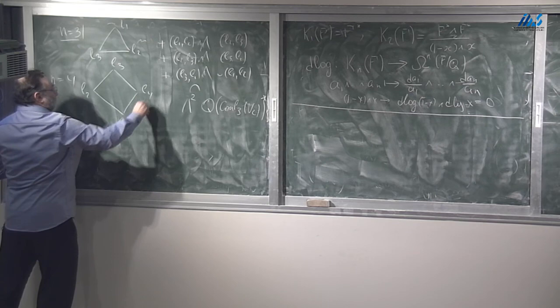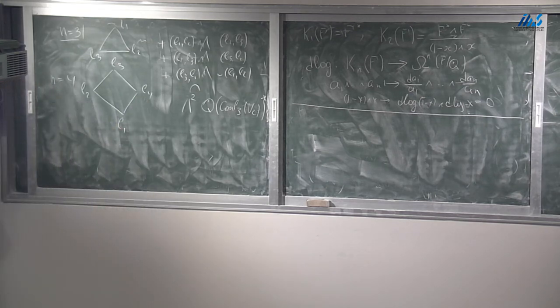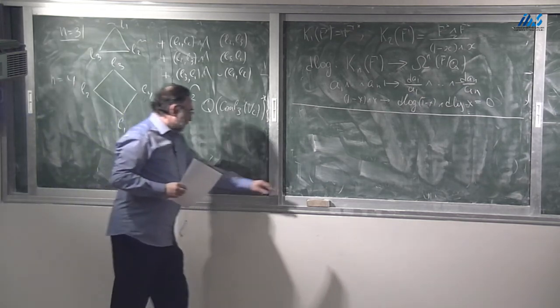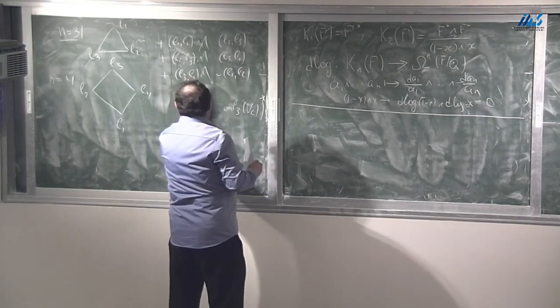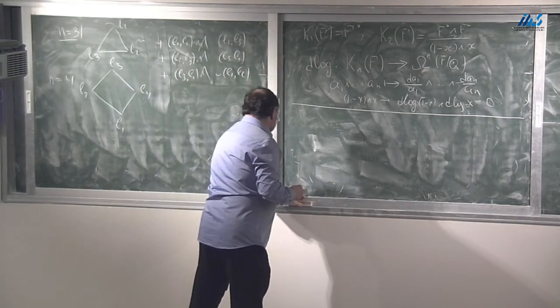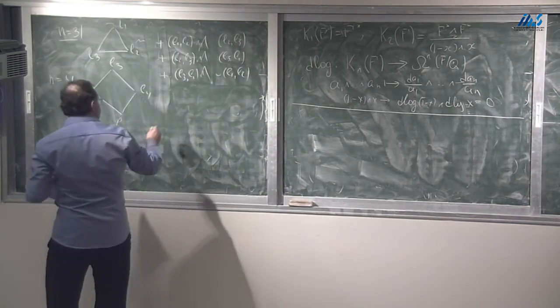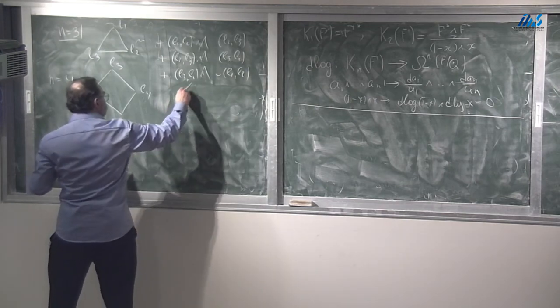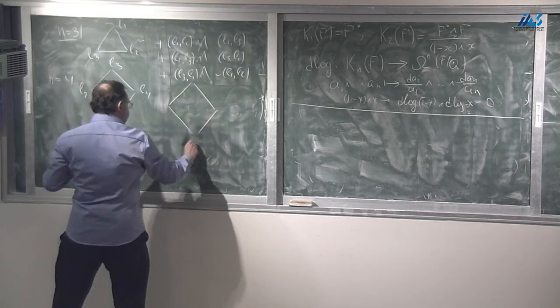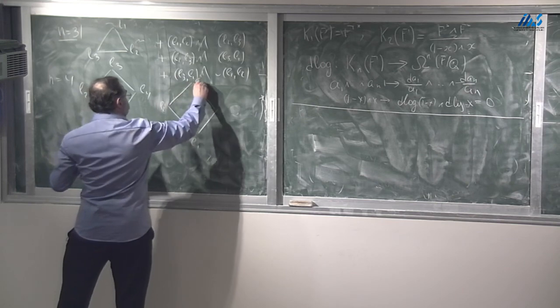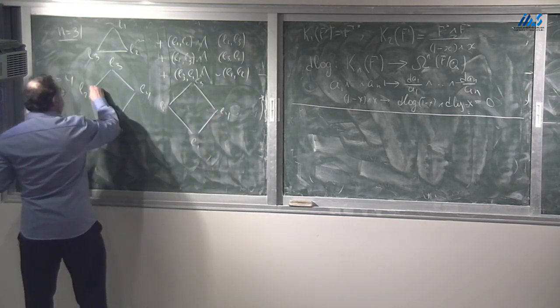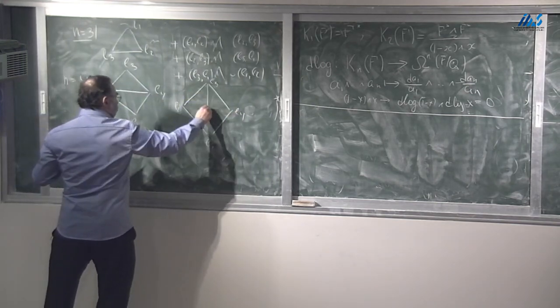Now let's suppose that we have 4 vectors. And then there are actually 2 ways to proceed. We can draw one picture like that, and we can draw another picture like that. The same L1, L2, L3, and L4. And we can triangulate it this way, or we can triangulate it that way.